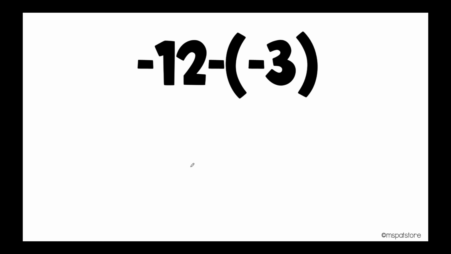Now we have this other example where we have negative 12 minus negative 3. Please note that this is the first time that we have a negative as a second integer. But we're going to follow the same rule. You're going to add the opposite of the second integer. So we'll do negative 12 plus the opposite of negative 3, which is positive 3.